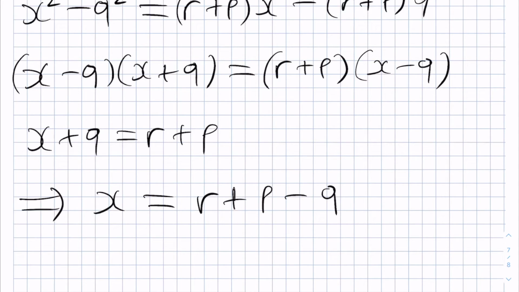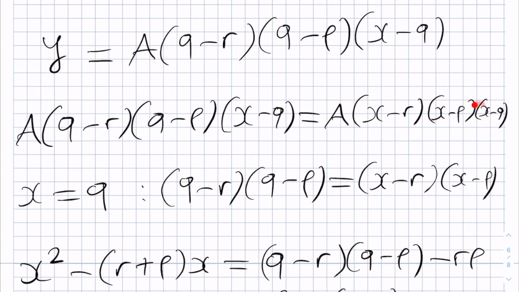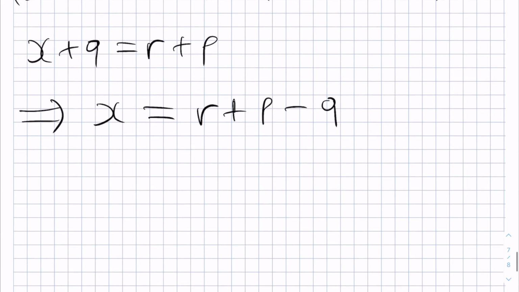However, is this solution entirely distinct from the other solutions that we found so far, which are just repeated roots of x equals q? We've discarded two of these, once here, and let's have a look, once up here. Is this an entirely new solution?